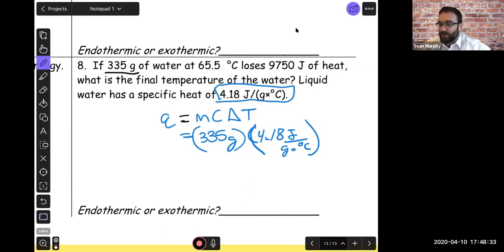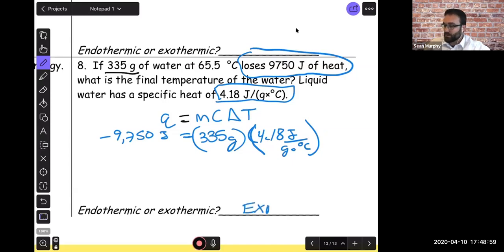If 335 grams of water at 65 degrees Celsius loses 9,750, it loses this much heat. Is it going to be positive or negative? It's going to be negative 9,750 joules. So since we lose heat, I automatically know it's going to be exothermic.